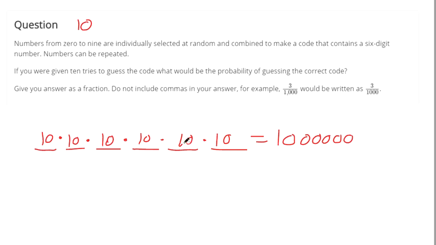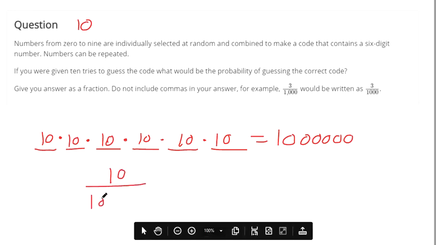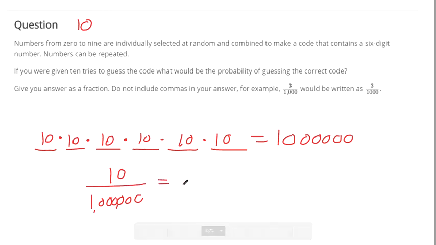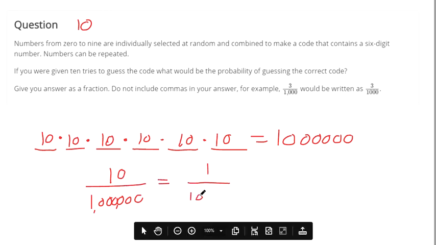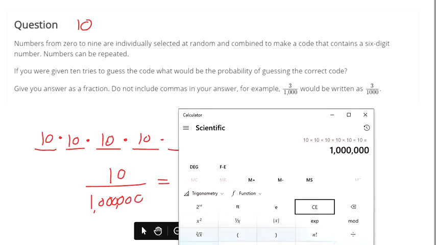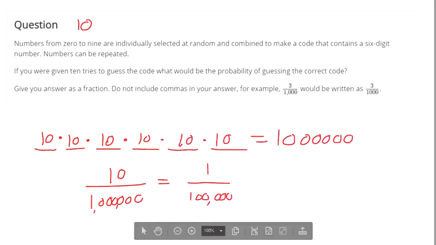I think all they want you to say is there's 10 guesses out of 1 million different possibilities, right? Because a probability is found by taking the number you're interested in, the number of guesses, and dividing it by the total amount of options. So if you simplify that, that's just 1 out of 100,000. There's 1 out of 100,000 different ways. Oh, and they want it as a fraction, so we'll keep that there.